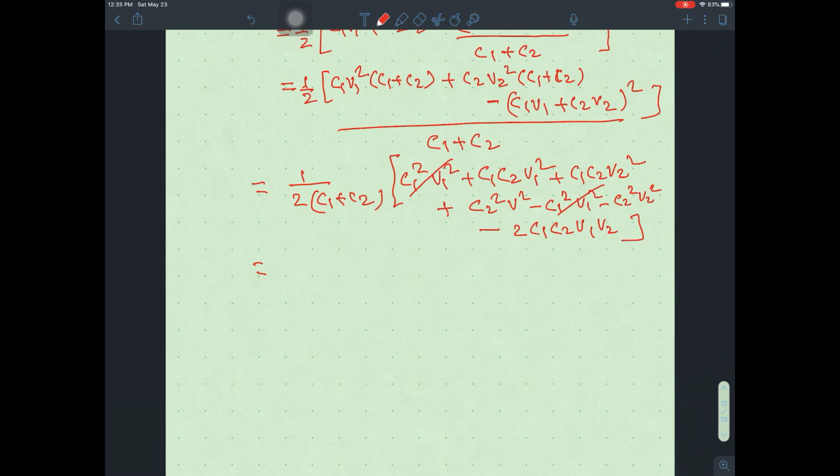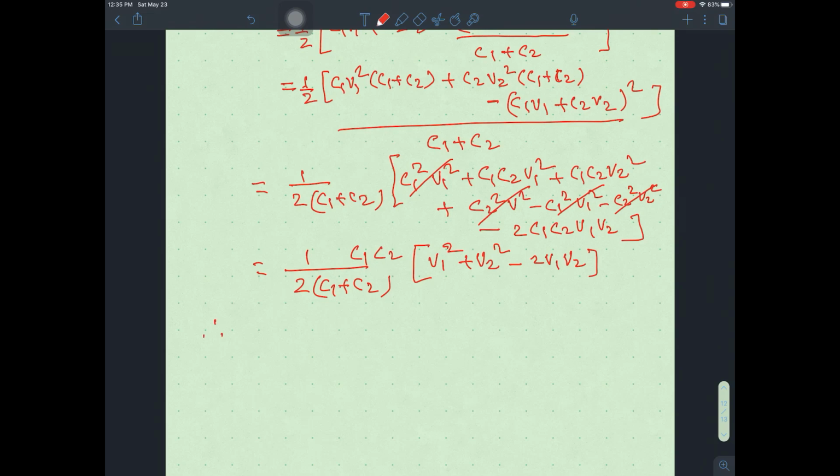This C1 square V1 square will cancel with this one, and C2 square V2 square will cancel with this one. If we take C1 C2 as common, 1 by 2 (C1 plus C2) into C1 C2 as common, we will have inside the bracket V1 square plus V2 square minus 2 V1 V2.